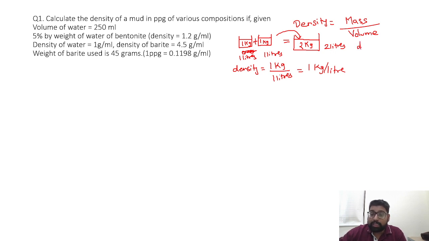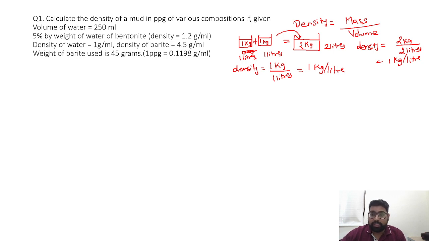But the new density will be 2 kg upon 2 liters, which is 1 kg per liter, which means the density doesn't change when you mix two fluids of the same density.